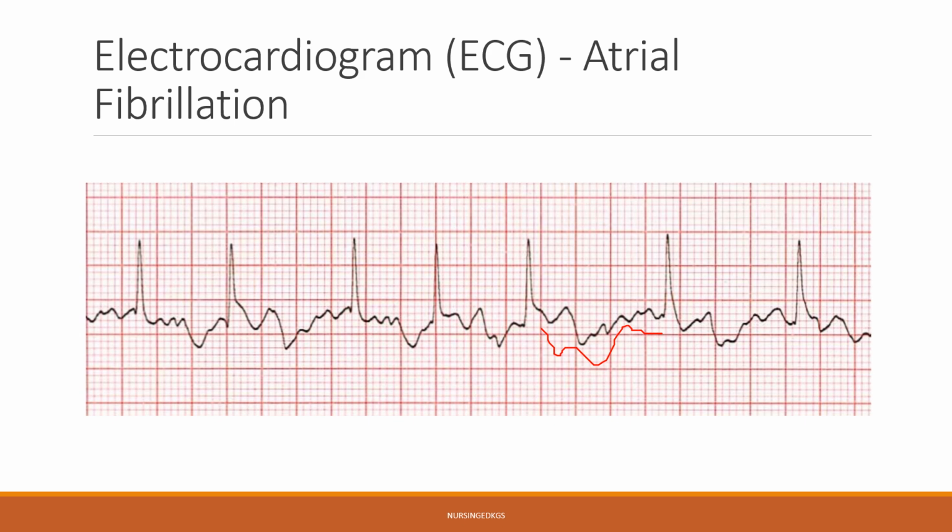You'll also notice that you have irregular QRS complexes. The QRS complex, if you recall, corresponds with ventricular depolarization. And even though they might be normal in shape, they are occurring at irregular intervals.